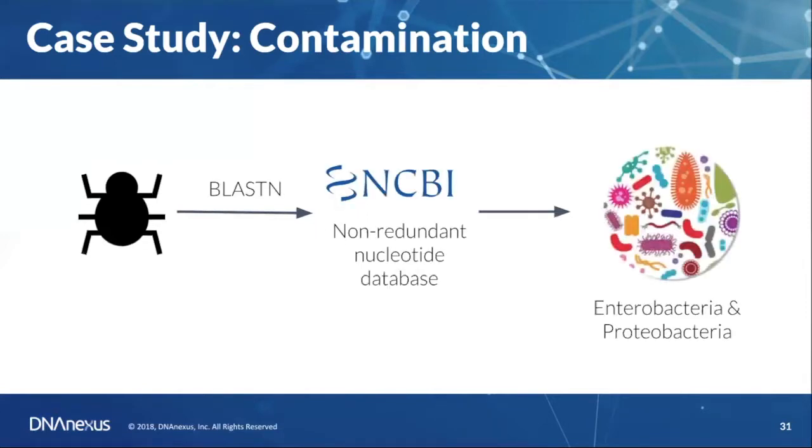So we took a look at the raw data, and we found that when we BLASTed the raw DNA data of this insect against NCBI, it actually mapped to microbe data, not the insect. This means that the sample was highly contaminated, and we had to talk with our collaborator to change the DNA sample and provide some new data. And later, we were able to create a good genome assembly from that.